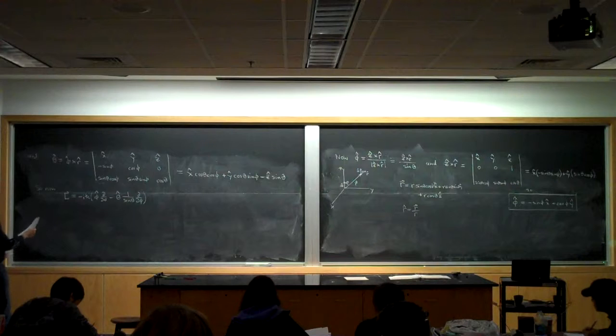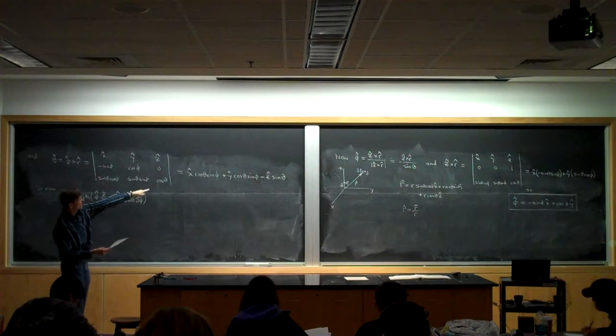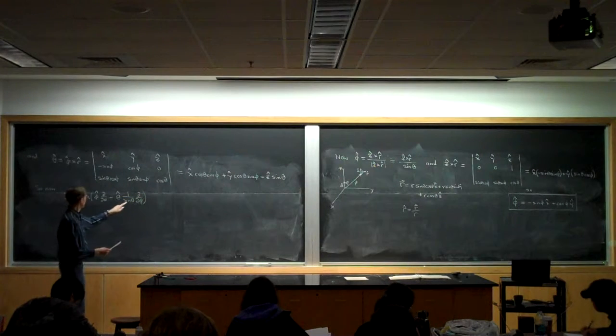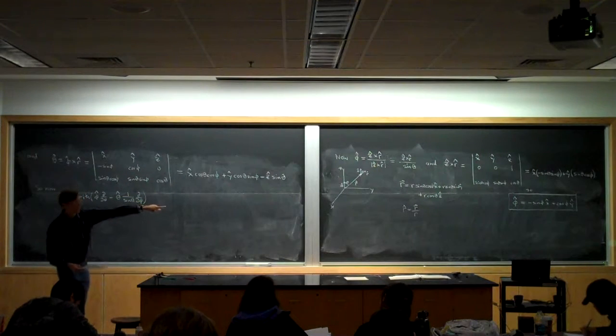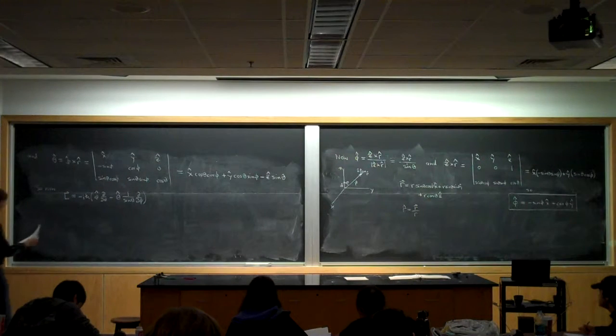But now I can go nuts expressing phi hat in terms of x hat, y hat, and z hat, and theta hat in terms of x hat, y hat, and z hat, and then group terms like so.